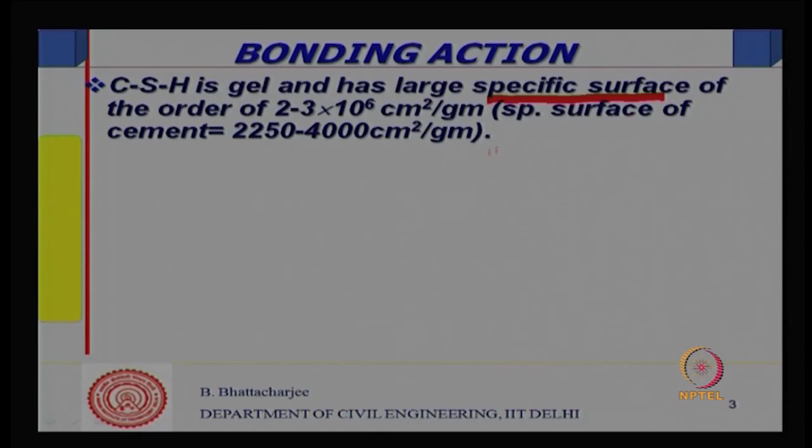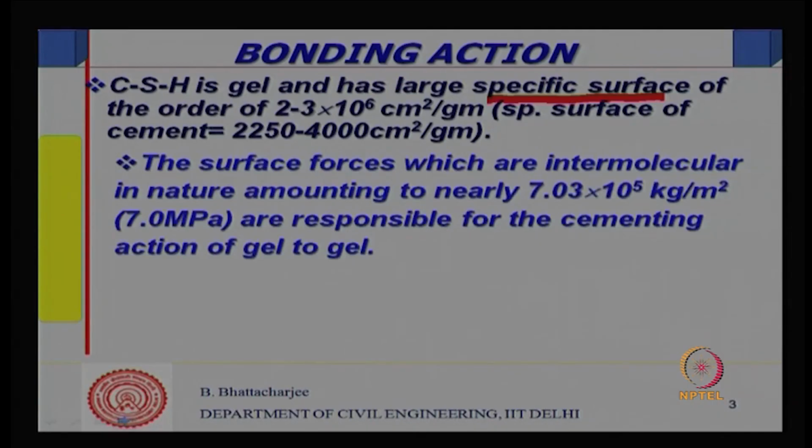You can see that it is 223 into 10 to the power 6 centimeter square per gram, compared to that of cement, which has 2.25 or 4 into 10 to the power 3. The surface forces therefore will dominate, because the surface area is so large.